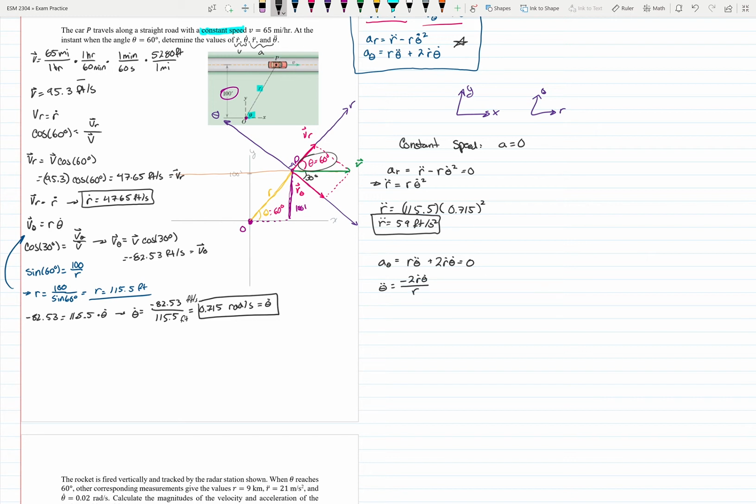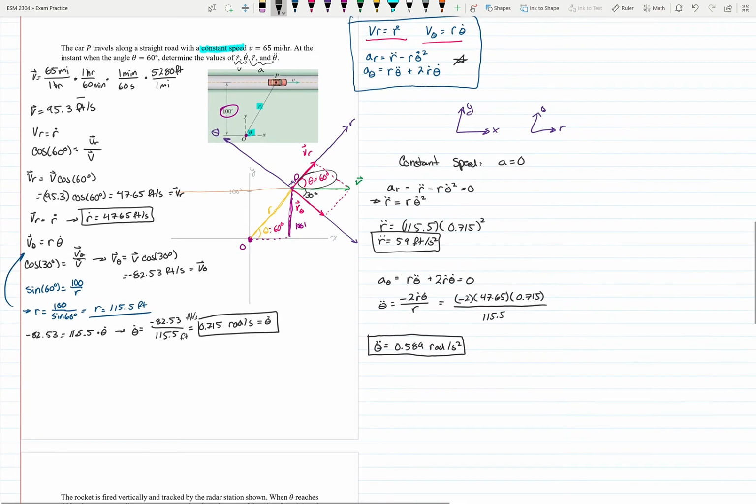Substituting the values that we know, that is negative 2 times r dot, which is 47.65, times theta dot, which is 0.715, and dividing this whole thing by r, which is 115.5. If we solve this out, we get theta double dot is equal to 0.589 radians per second squared.